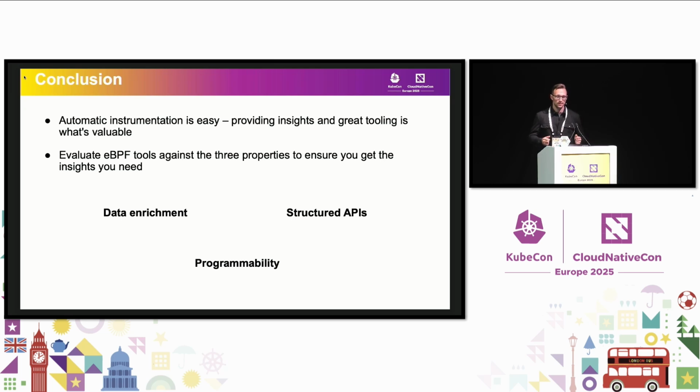I want to mention again that unless you're an eBPF developer, you probably want to reach for these tools because that will be the fastest way for you to get to these insights. And then also, I just want to reiterate that as you evaluate eBPF tools, you want to keep these 3 properties in mind to make sure you get the insights you need: the data enrichment, structured APIs, and programmability.